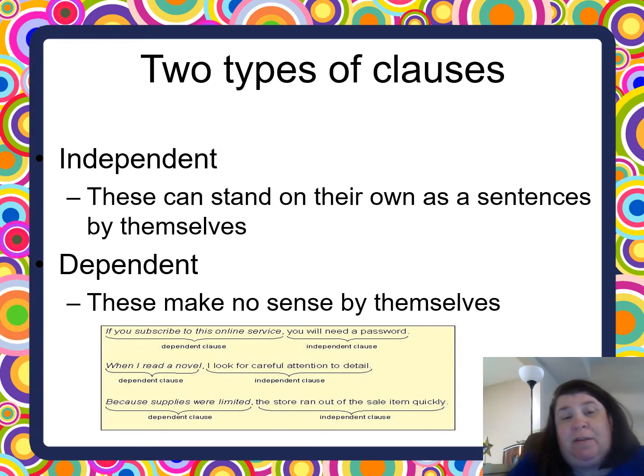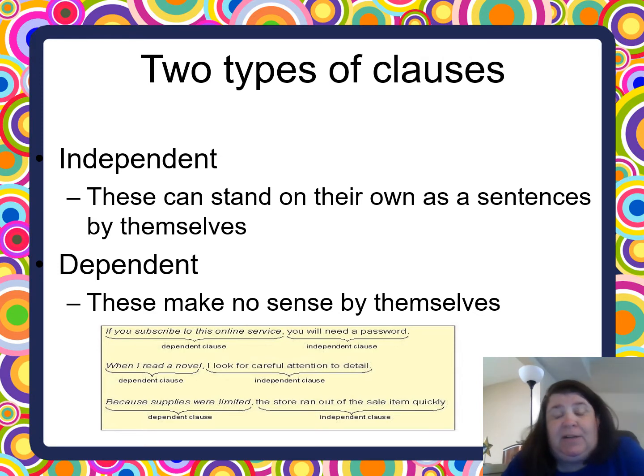When you're using them, make sure you have independent clauses there, or if you have a dependent clause, you need to make sure you have an independent one that it's connecting to, so there's good coherence in your sentence, and it's not becoming what people call dangling clauses, where it can't function by itself. So that's why we cover that at this time.